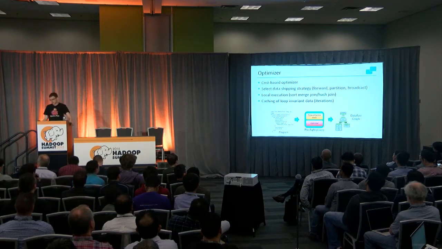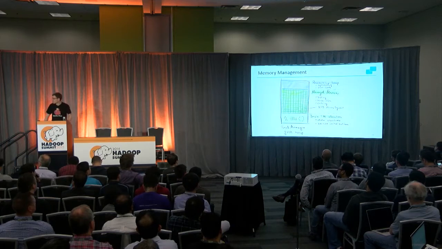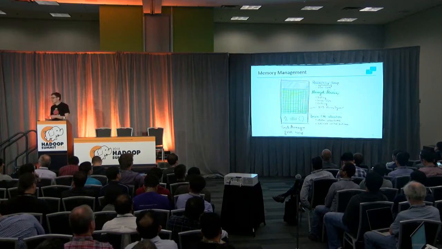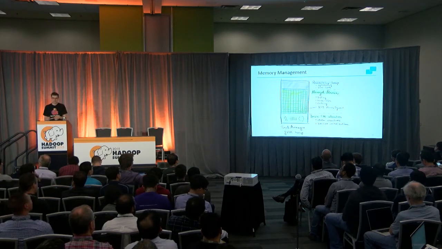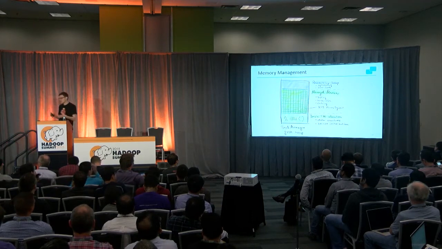So how do we do managed memory in Flink? As I said, you need this for avoiding out-of-memory exceptions and also for avoiding large garbage collection stalls. So you don't want the JVM to be unresponsive for maybe even many minutes when you have very big heap sizes. So what we do is we allocate byte arrays up front.